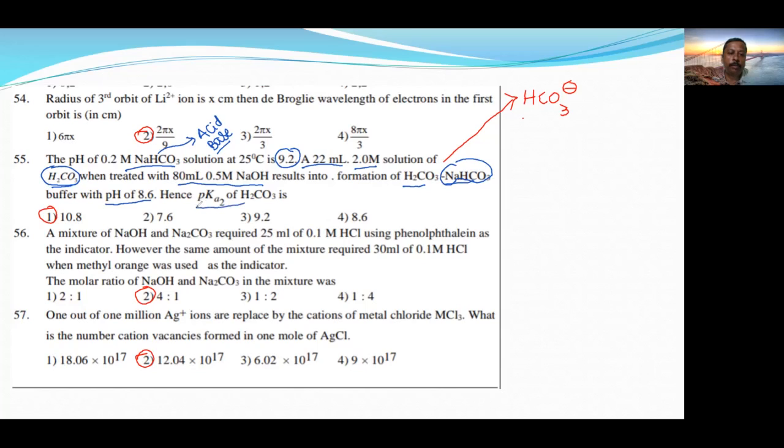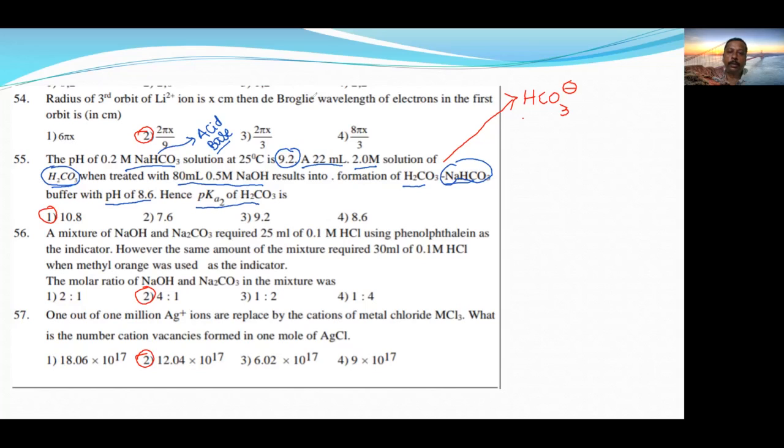Hence you have to find out pKa2 of H2CO3. With the pH you can find out pKa1, and using that as a mixture in the second step, you can find out pKa2.